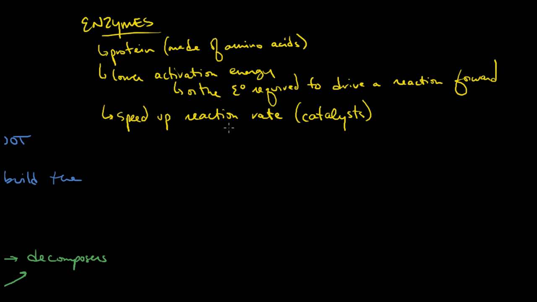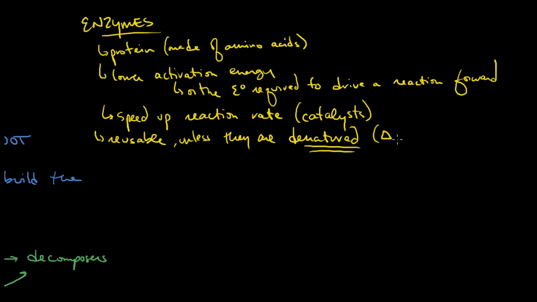They speed these reactions up, and they are reusable unless they are denatured, which means they change shape. The way they become denatured is when the pH changes drastically or temperature changes drastically.